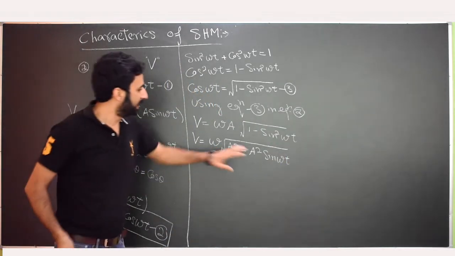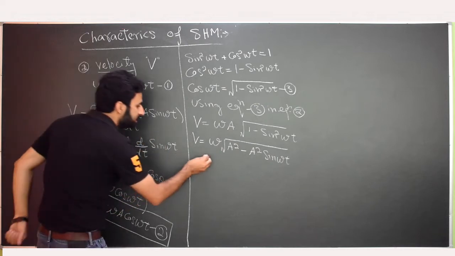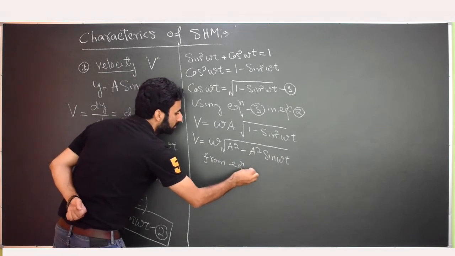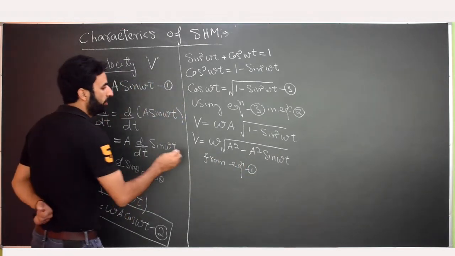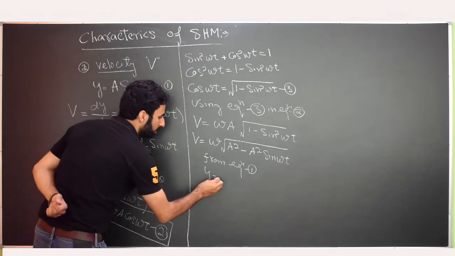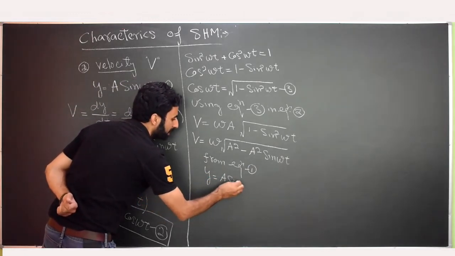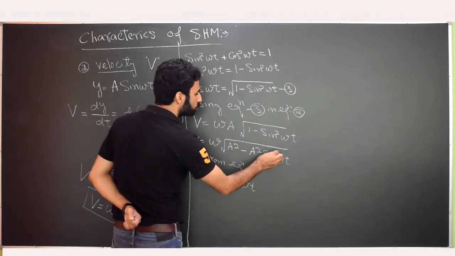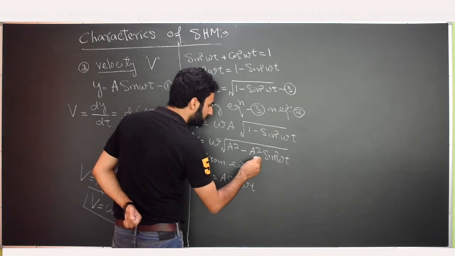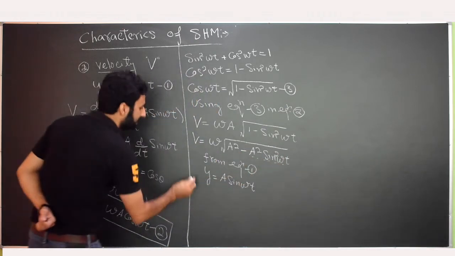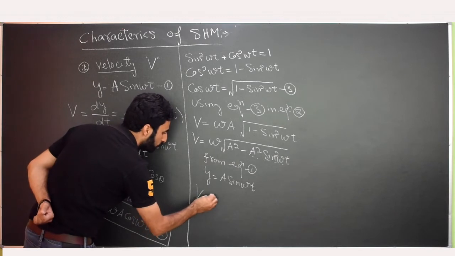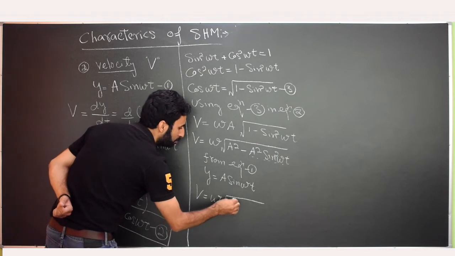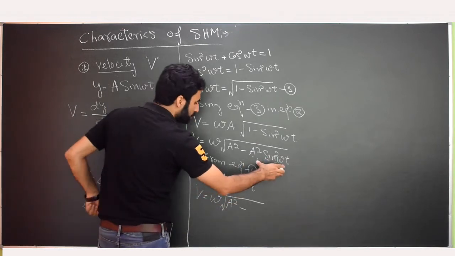Fine. Okay, now from equation 1, what we know is y is equal to A sine of omega t. So here we have A square sine square omega t, and this term will now be equal to y square. So I can write V is equal to omega into under root of A square minus A square sine square omega t.